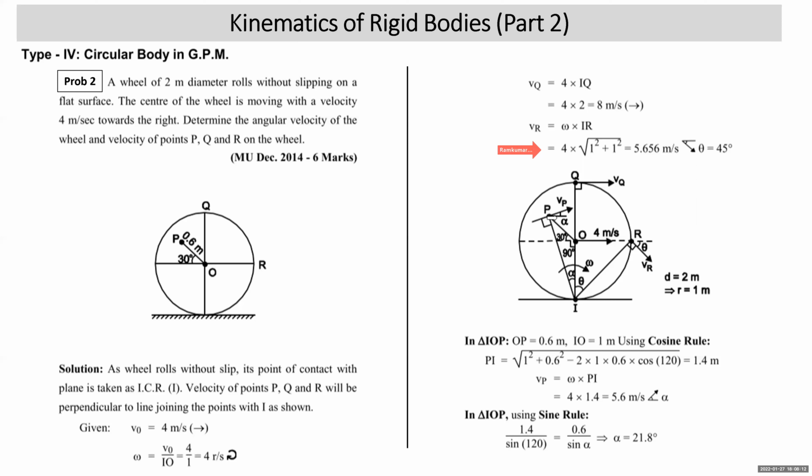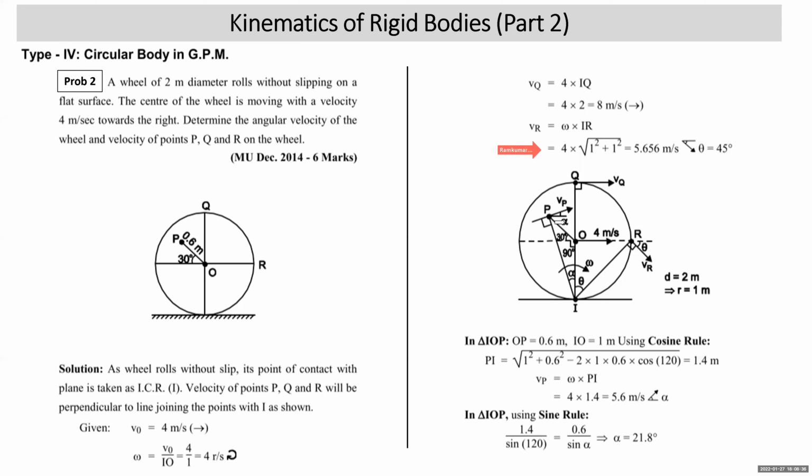Now in triangle IOP, this distance OP is known to me, 0.6 meter. OI is known to me, 1 meter. The included angle between the two sides of the triangle is 120 degree, 90 plus 30. So using the cosine rule, length PI can be obtained.